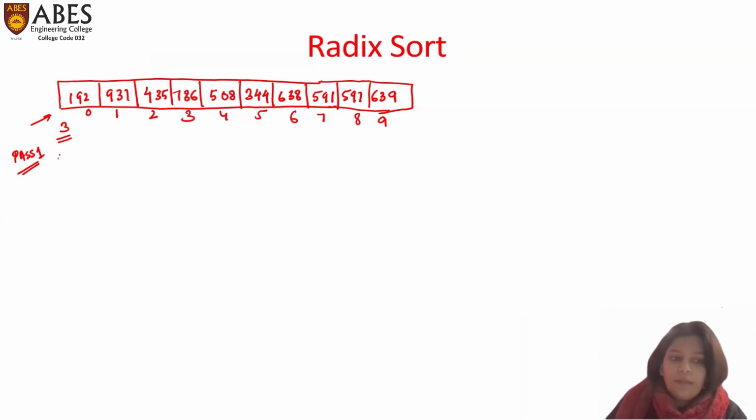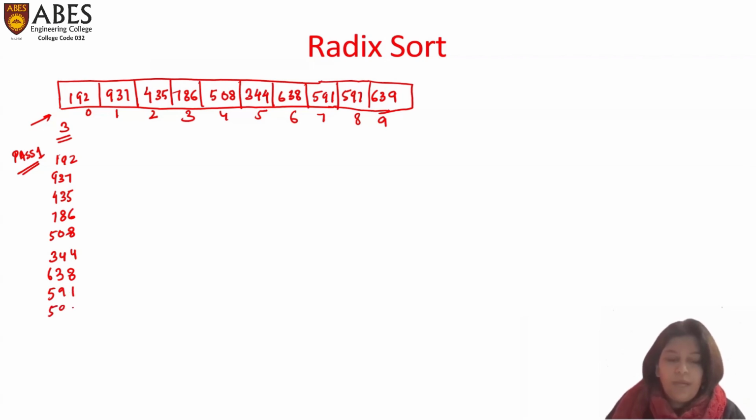For pass 1, let us first write these input values here. In the first pass, we are going to sort these values on the basis of the digits that are stored at the ones place in this array.